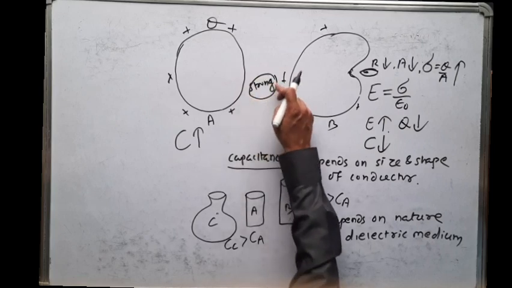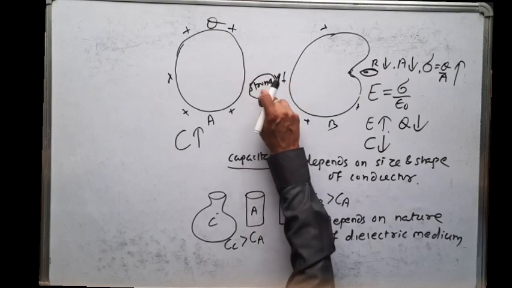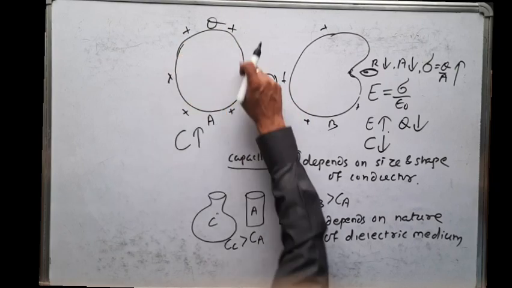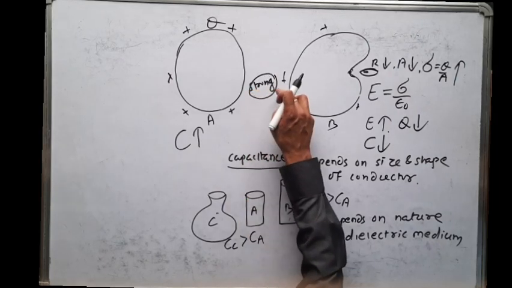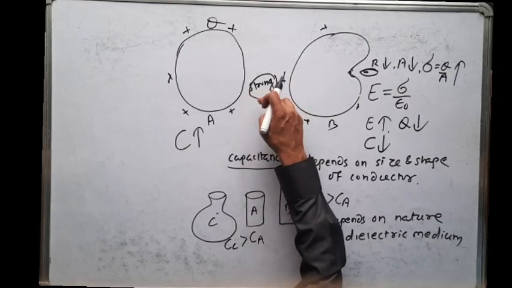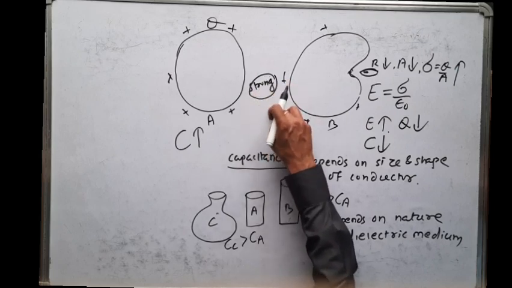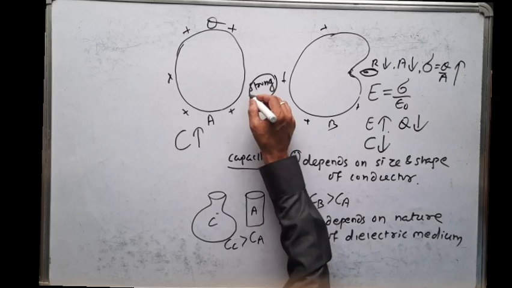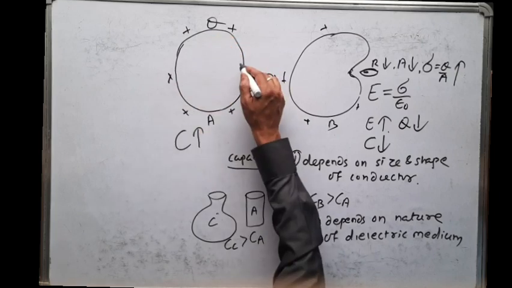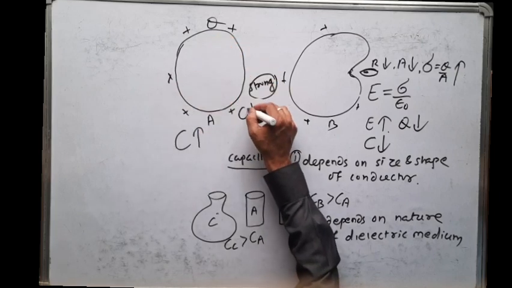If the dielectric strength of the medium is more, then it can store more charge, because more electric field is required to polarize the dielectric molecules. So if we take a strong dielectric medium, then the capacity increases.